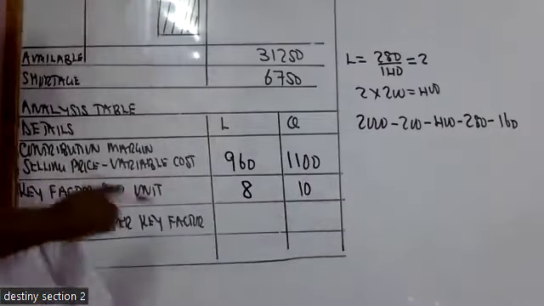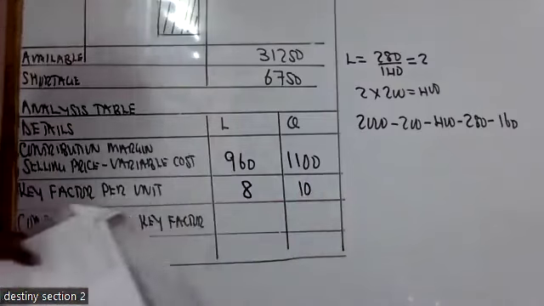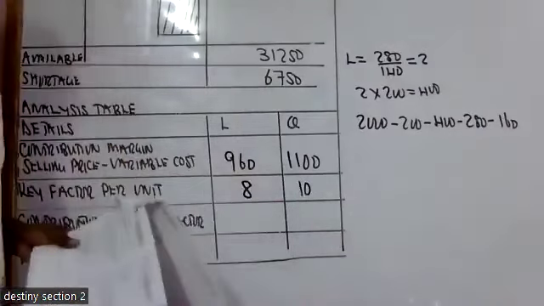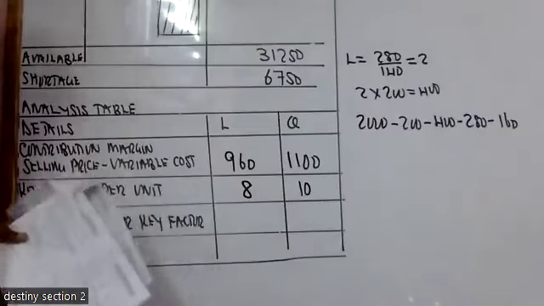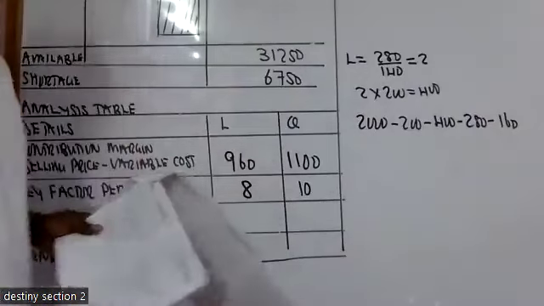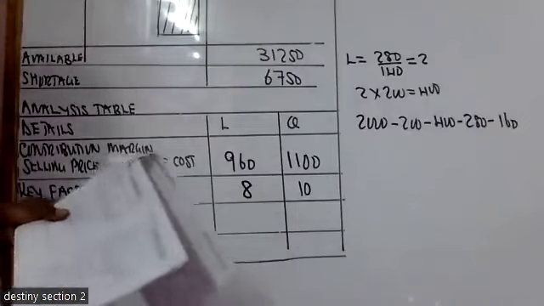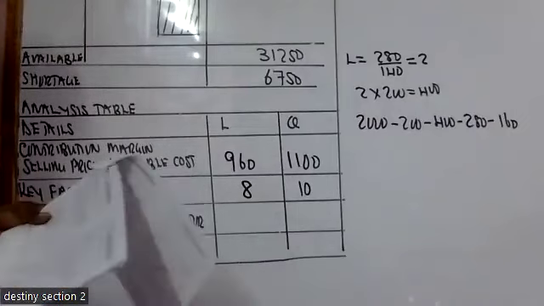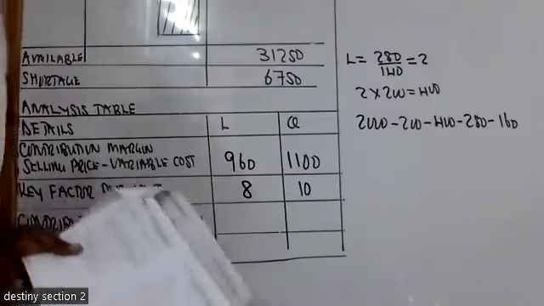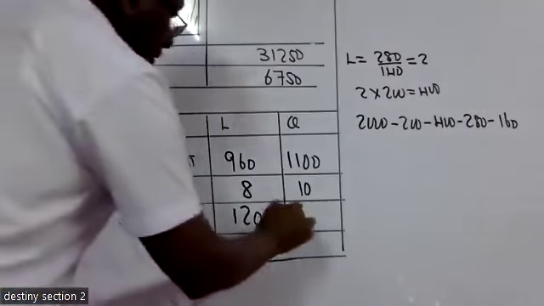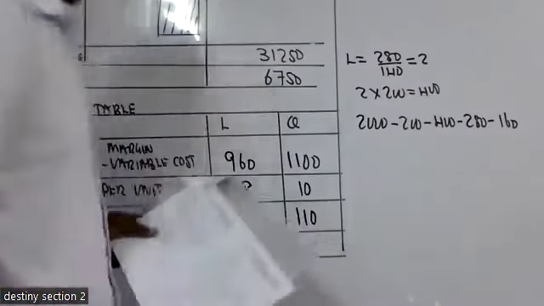So the contribution margin per key factor, you take this one, you divide by this. So tell me, 960 divided by 8 is what? 960 divided by 8 is 120. And this one obviously will be 110.